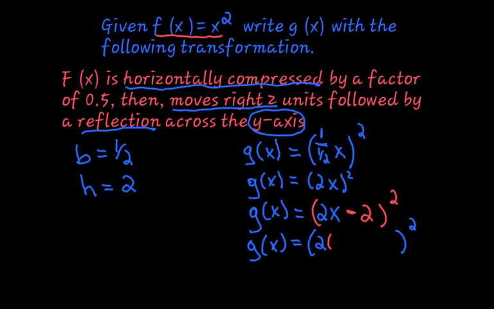So negative x, there's a negative, same as a reflection across the y-axis, minus 2. You can multiply, simplify the 2 and the negative x. So we have g of x equals parentheses negative 2x minus 2 squared.